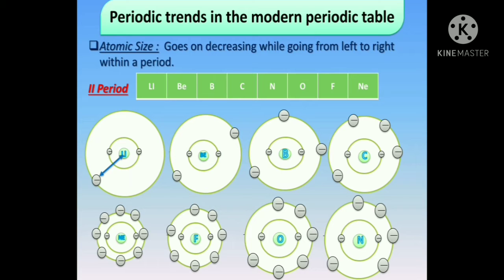Along with that, as electrons are in the shells and continuously moving, an electron from one shell will give force to an electron in the other shell. But here this force will be a repulsion force.